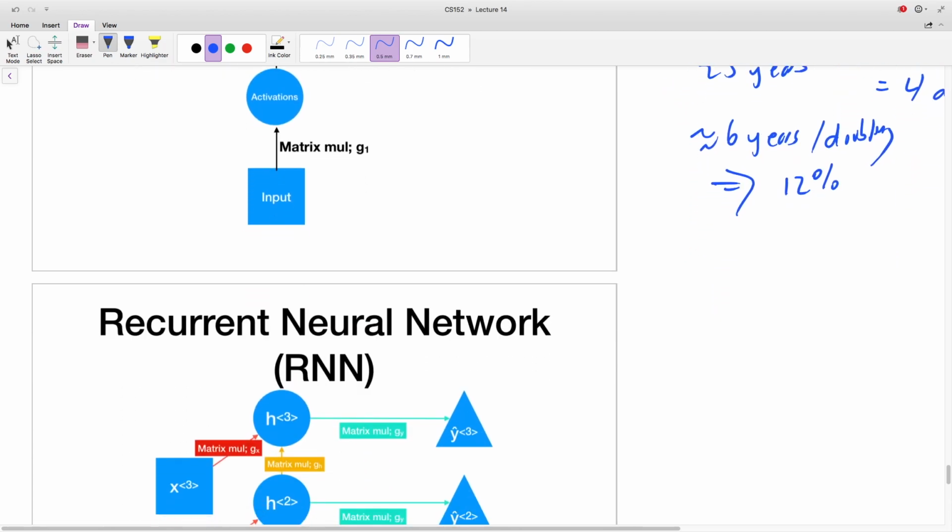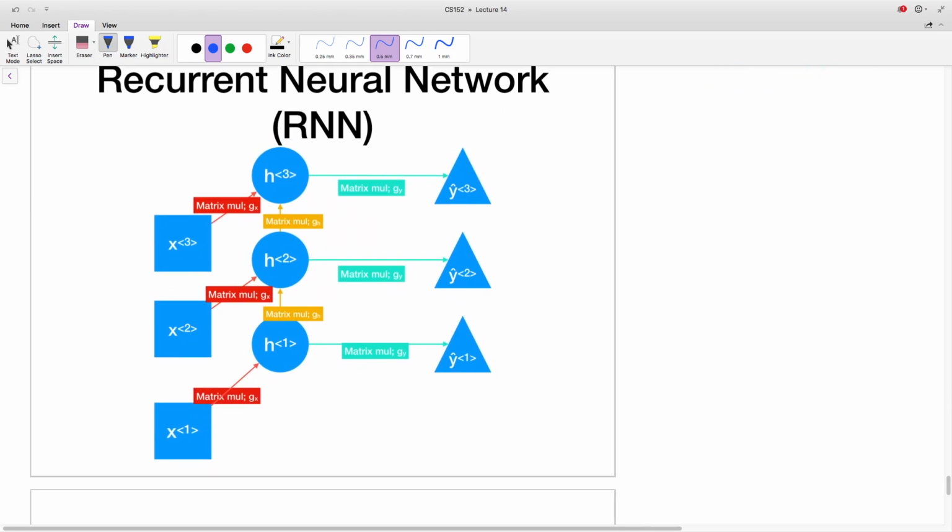So for a recurrent neural network, we're going to use the same type of legend here. Squares are our input, triangles our output, circles our internal. And here's basically a recurrent neural network.